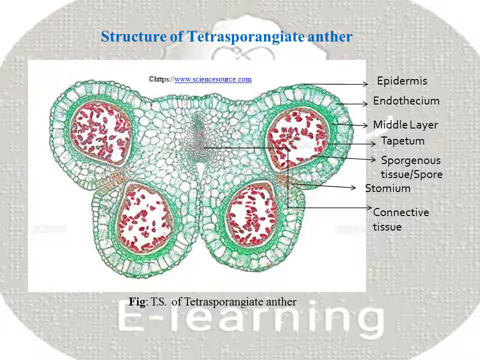First of all, this is the TS of tetrasporangiate anther. In this figure, we can clearly observe all parts of the anther starting from the upper layer: epidermis, then endothecium, middle layer, tapetum, sporogenous tissue, spores, stomium, connective tissue.